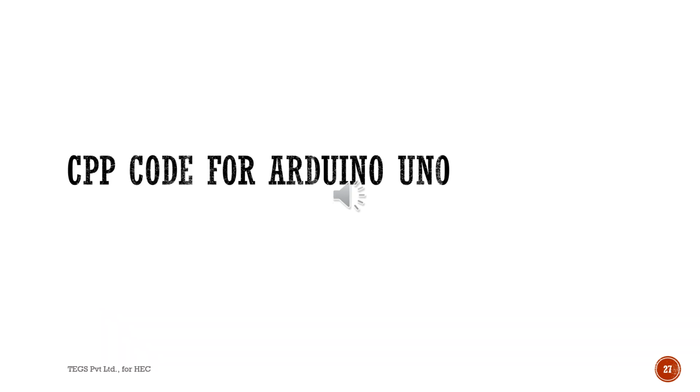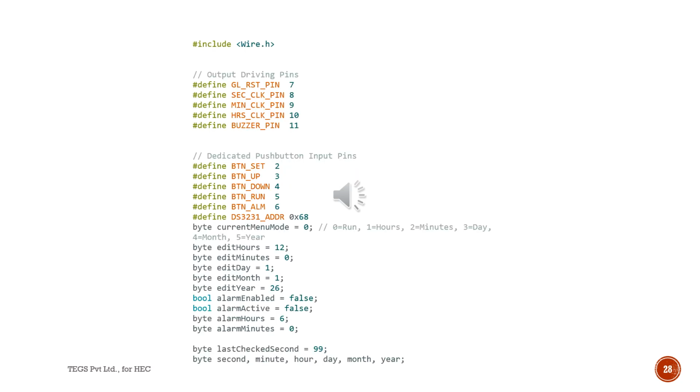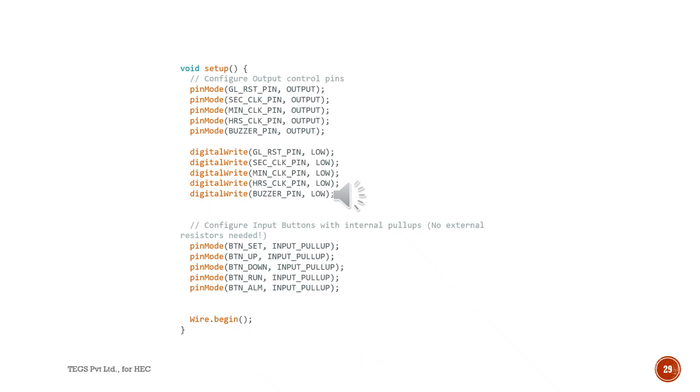The following section shows the code used for running the digital clock. Initialization of the variables and inclusion of libraries needed for this coding is given in this page.